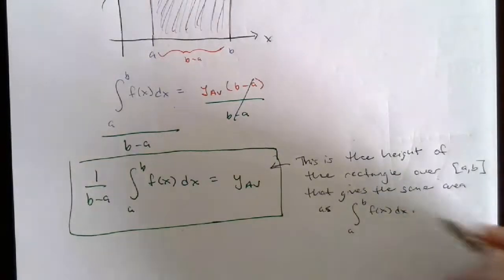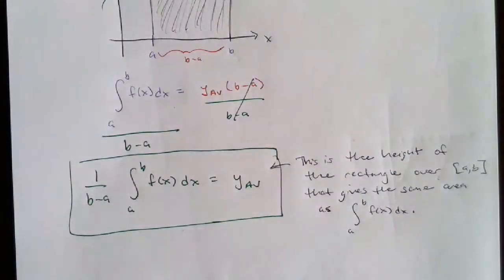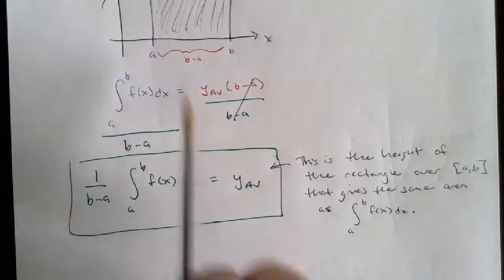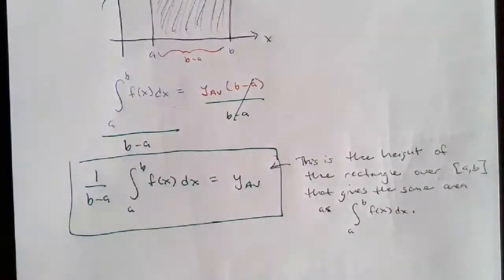In other words, it gives the same area as what was under the curve over the same interval. So it's finding the average value of the function over a to b that we're really finding. So that's how you find it.